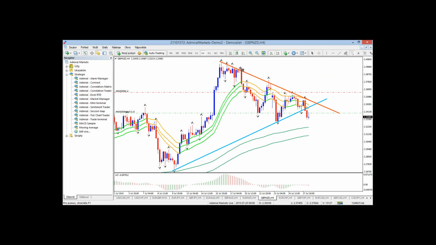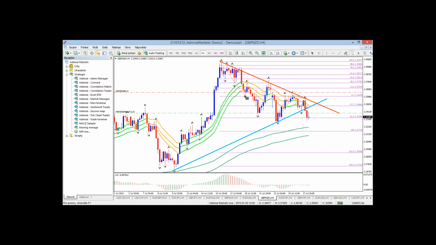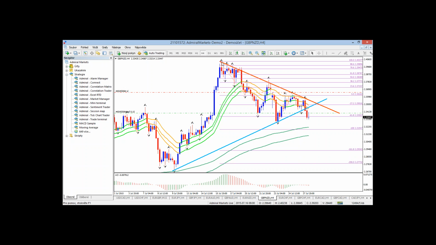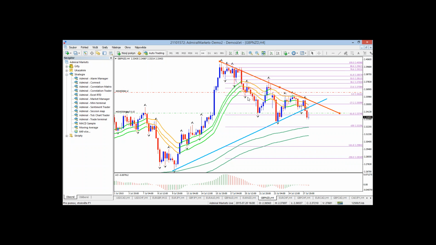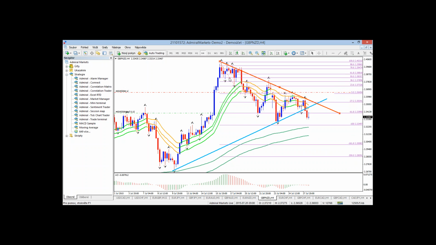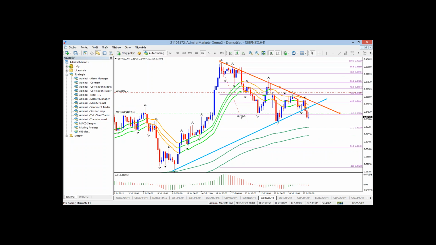And let's see, let me put the fibs on. Let's see, minus 272 target is the first bouncing spot, 232.